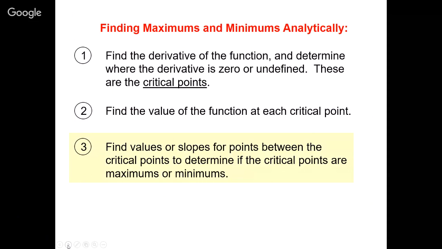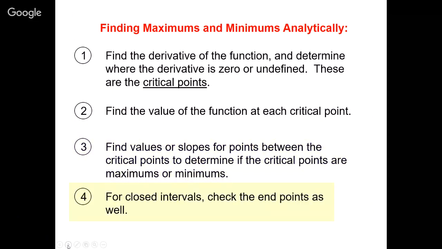And I will show you more examples about this as we go along. And then number 4, you check the closed interval endpoints to see if those are extrema as well, because the bottom line of this lesson is that you can have local or absolute extrema at the interiors of an interval or at the endpoint. So we must check both.